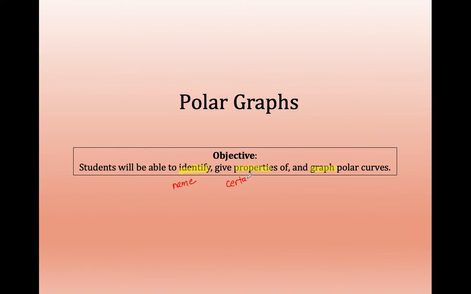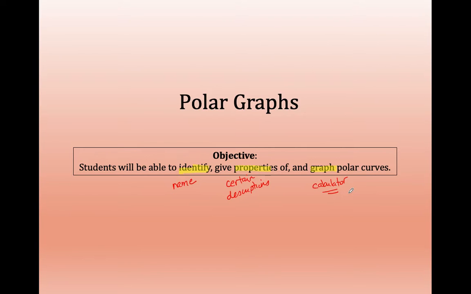I'm going to give you certain descriptions, and I will tell you what they are that you have to give me. And then graphing, we're going to do a little bit by hand, but you will always have your calculator to graph polar curves. And even on the BC exam, when you are tested on polar curves, you don't have to graph it yourself.